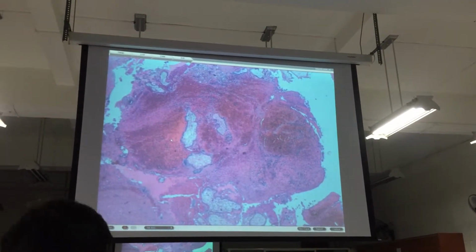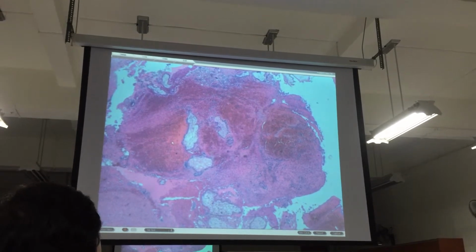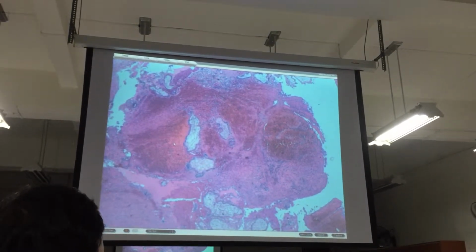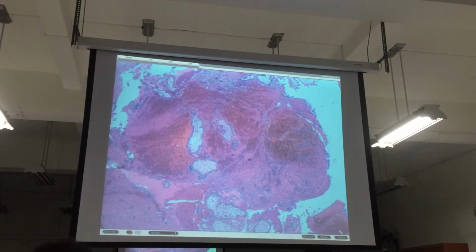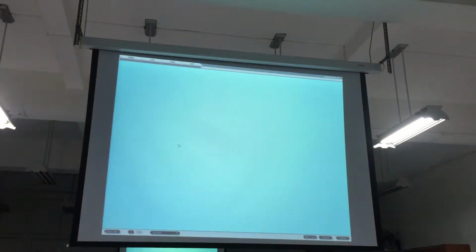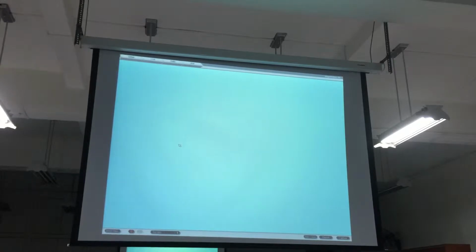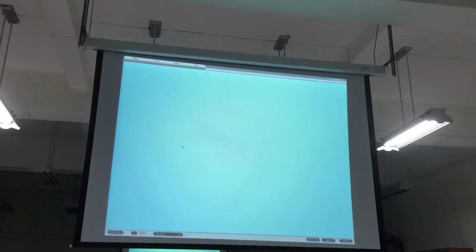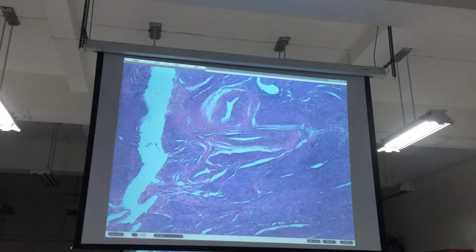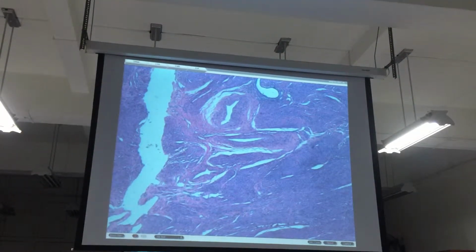Ectopic pregnancy, or tubal pregnancy. So this is a case of tubal pregnancy, ectopic, with chorionic villi inside the fallopian tube.